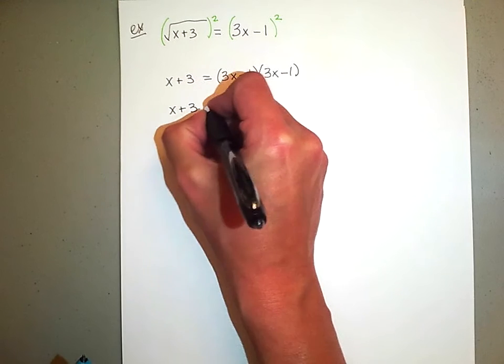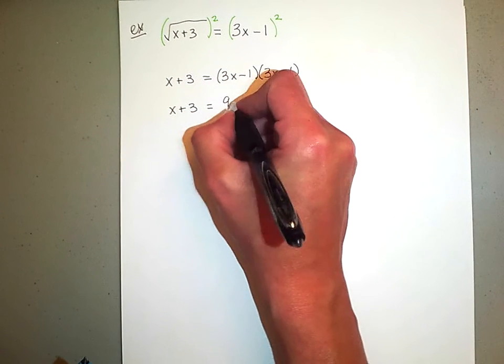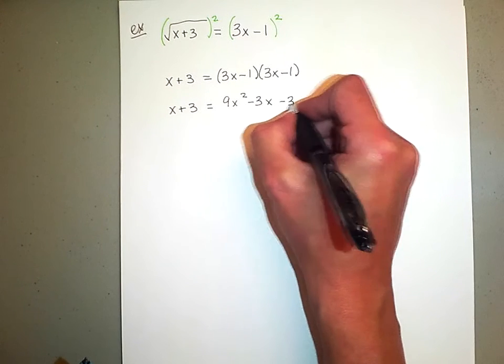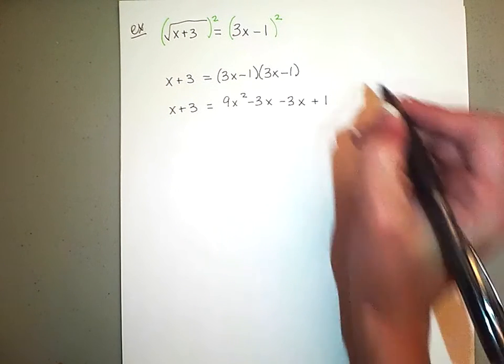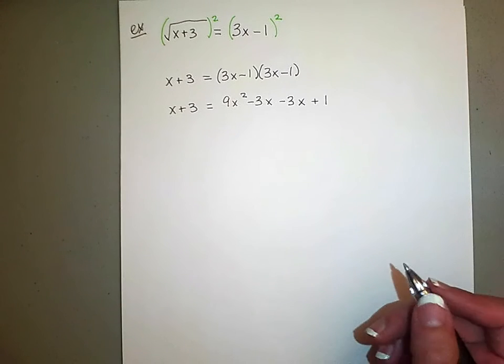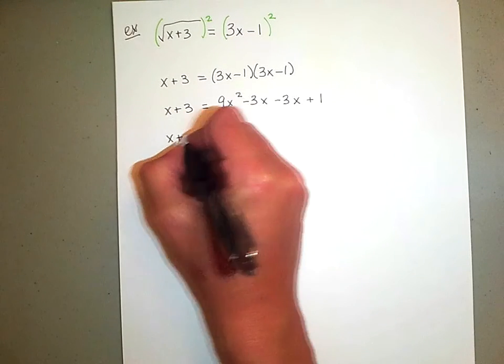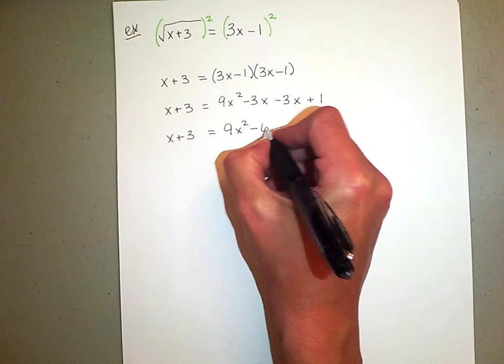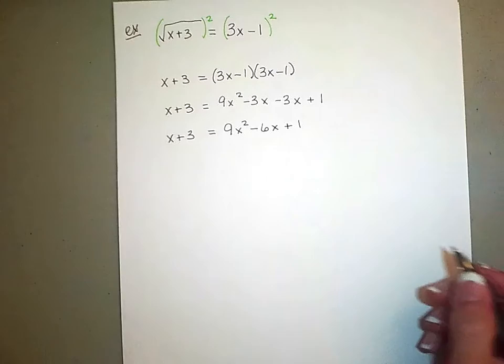So x plus 3 is equal to 9x squared minus 3x minus 3x plus 1, or x plus 3 is equal to 9x squared minus 6x plus 1.